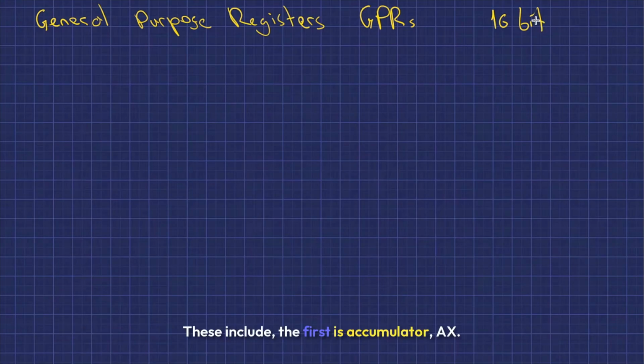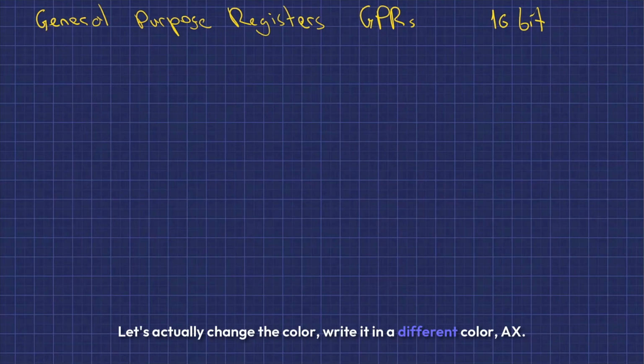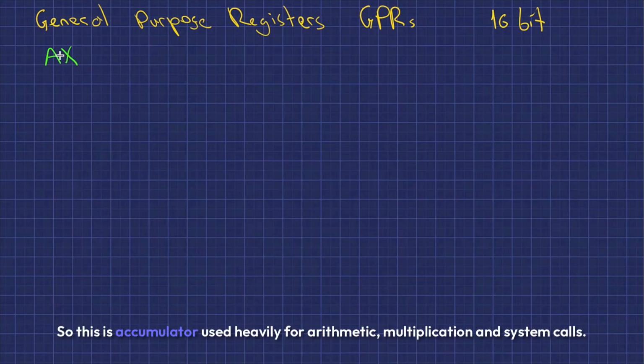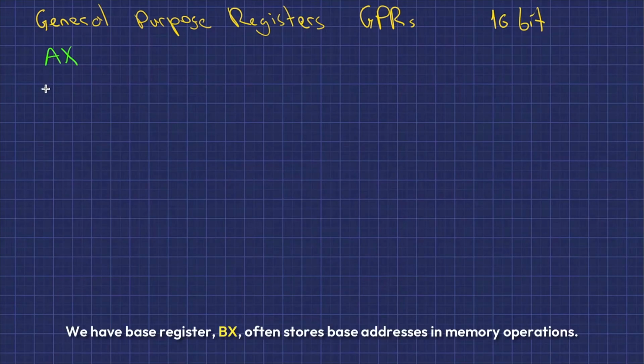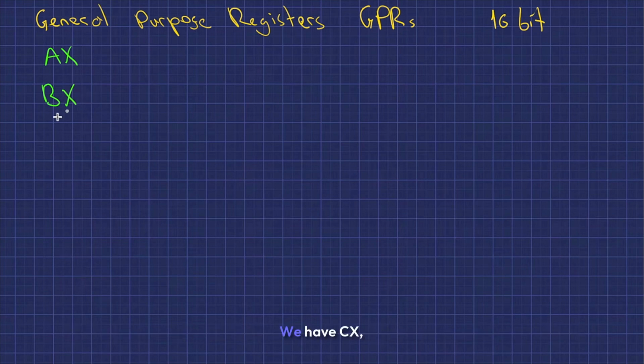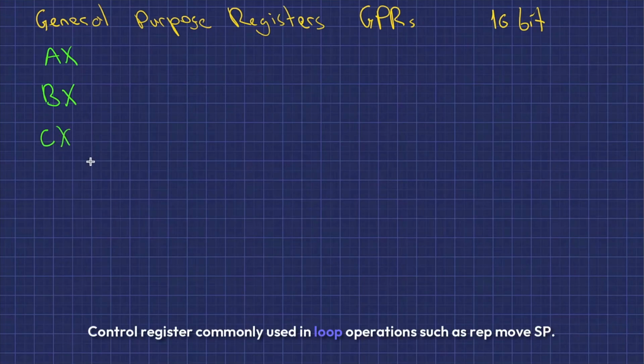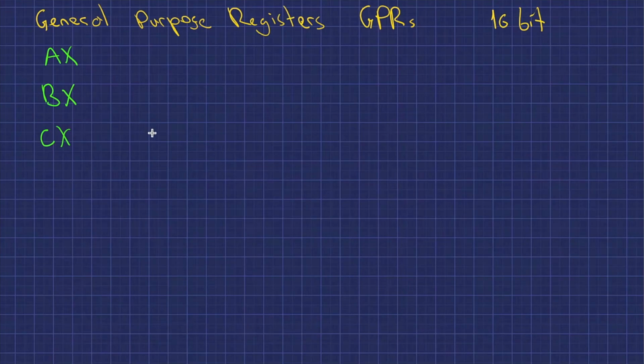These include, first, the accumulator, AX, used heavily for arithmetic, multiplication, and system calls. We have the base register, BX, which often stores base addresses in memory operations. We have CX, the counter register, commonly used in loop operations such as rep movs.